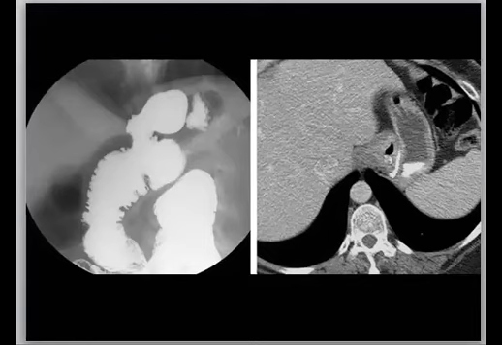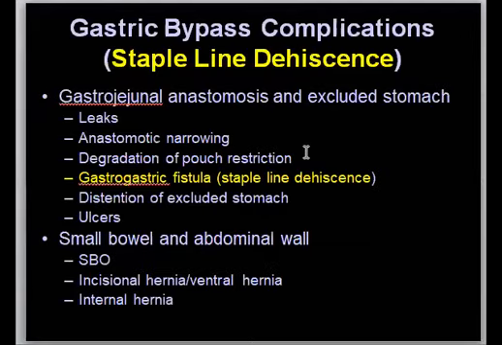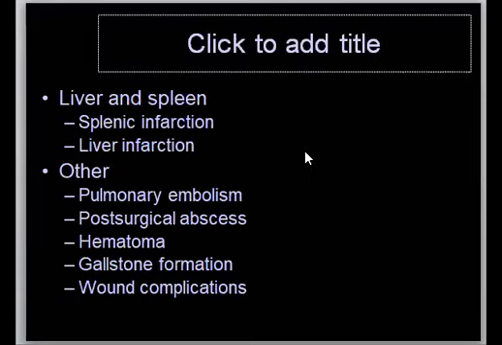So what happened here is that I think this line is dehiscent, and it shouldn't be like this. I will finish this presentation, and then we can have a quick look at gastric bypass complications, if you like.